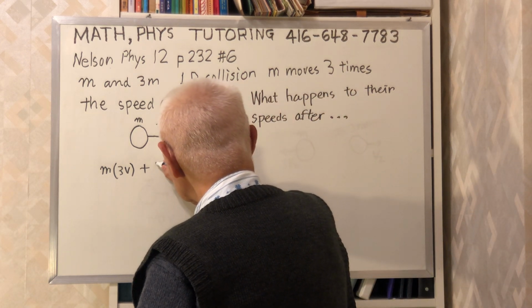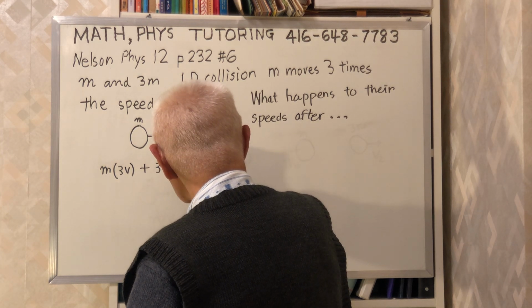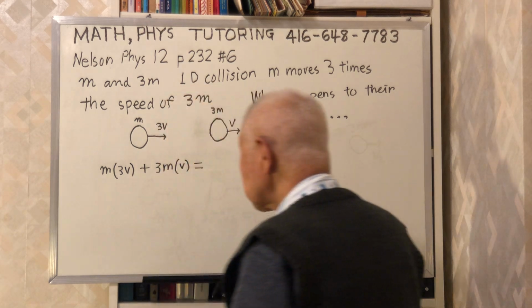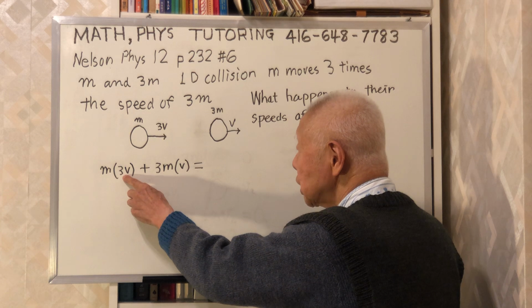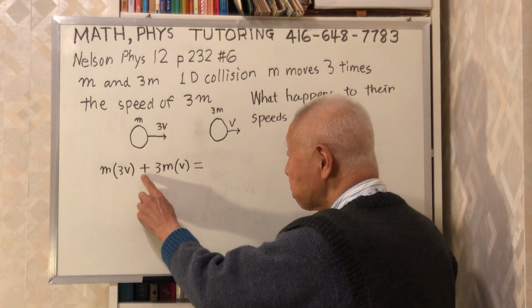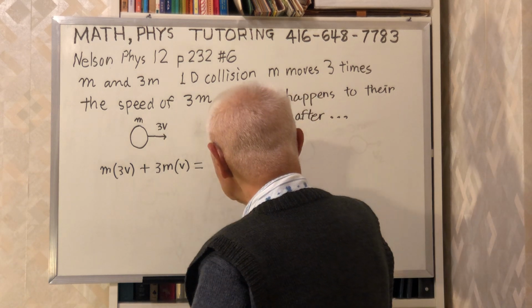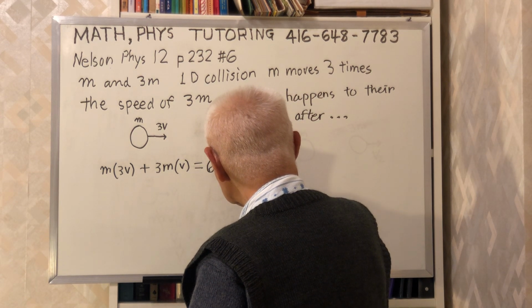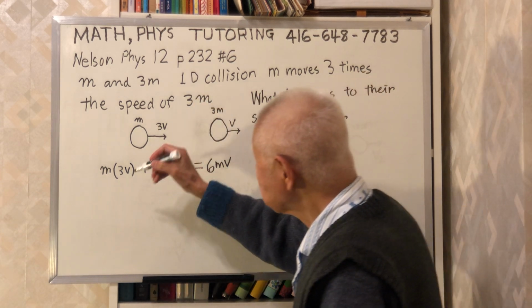And then mass times velocity. So what is the total momentum? 3mv plus 3mv. So that is 6mv. I can cancel the m.